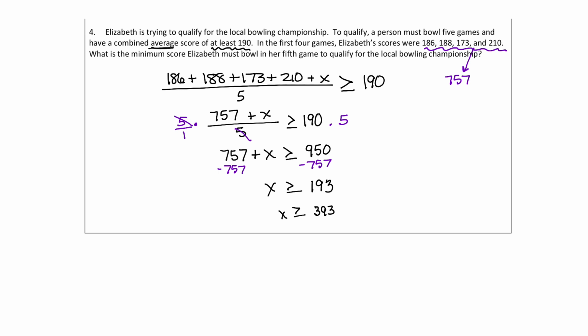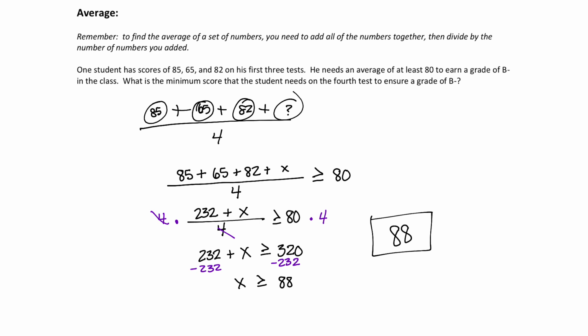Just be aware that if there is a limit to what this number has to be, make certain it doesn't go over that limit. Okay, like if you're trying to find the average of your own test scores, like the problem we did before, like this one, what if it said your test score had to be a 115?